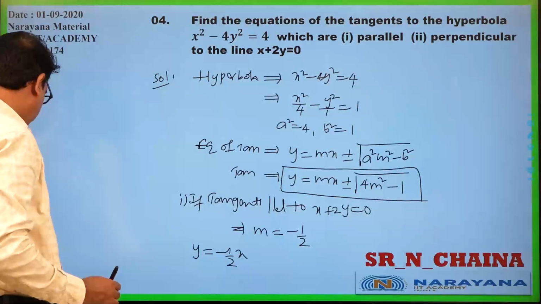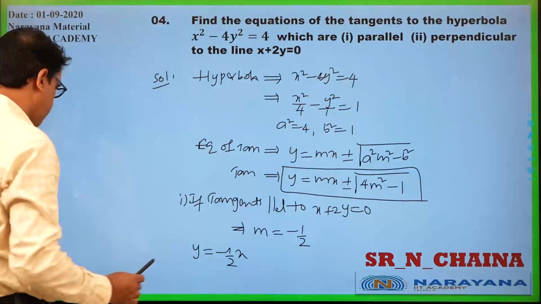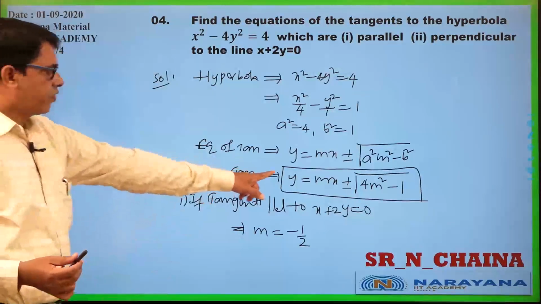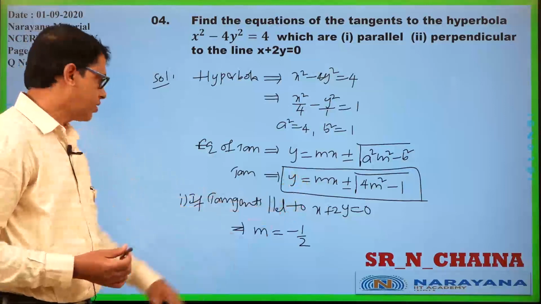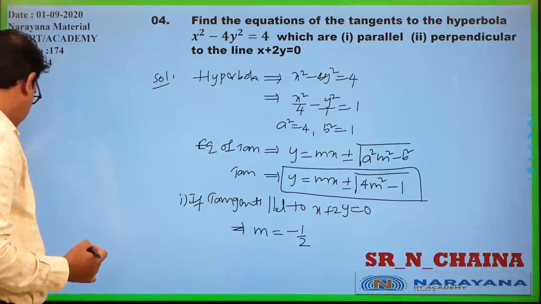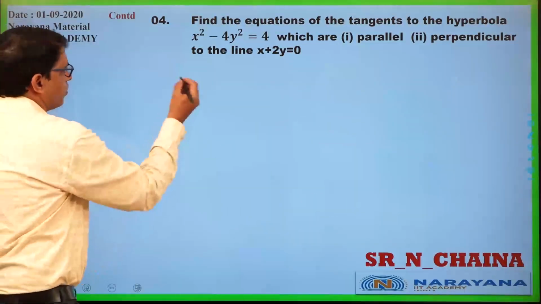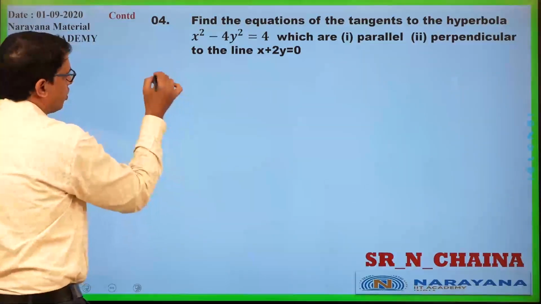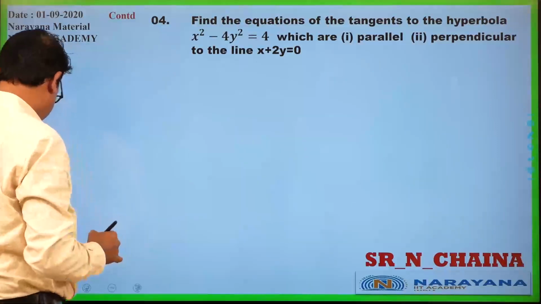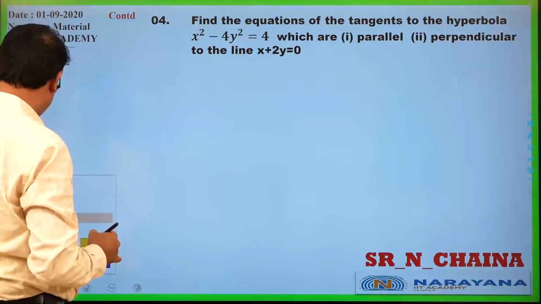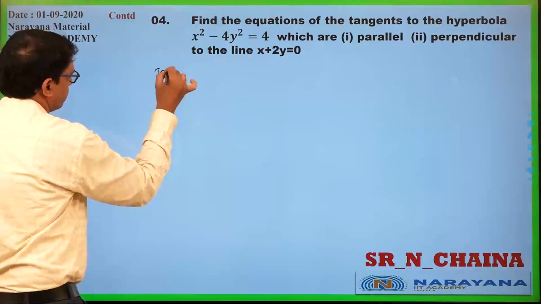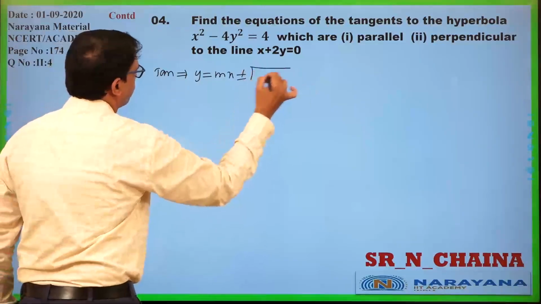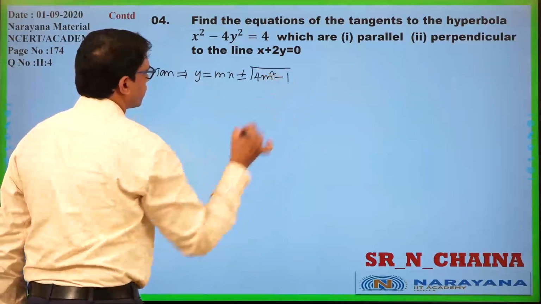See, this is the equation of tangent: y is equal to mx plus minus root under 4m square minus 1.